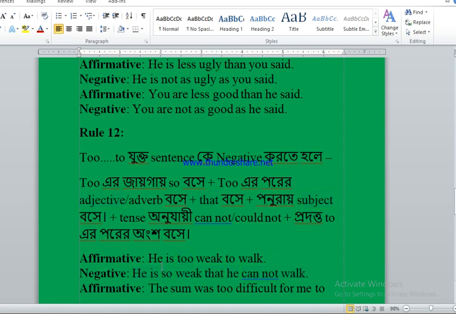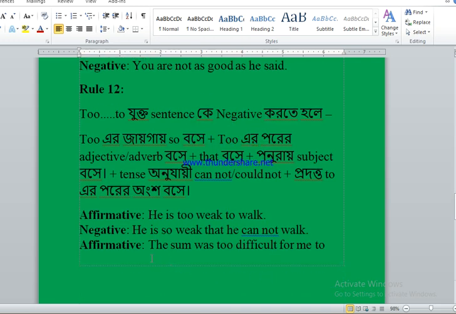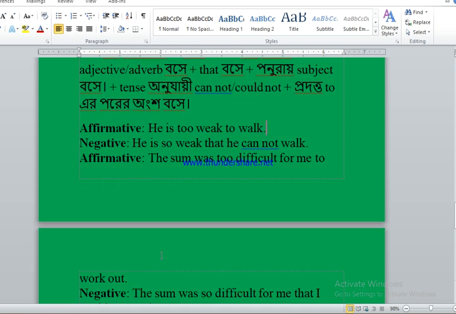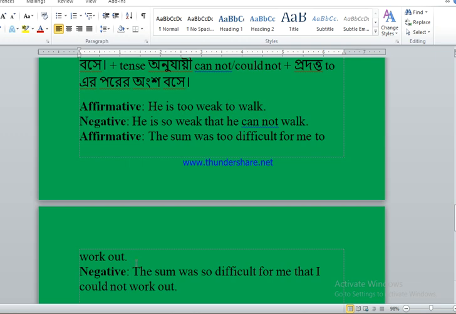That means he is too weak to walk. He is so weak that he cannot walk. The sum was too difficult for me to work out. Okay, let's see. The sum was too. The too is replaced by so difficult for me. Here you have got for and you use for.